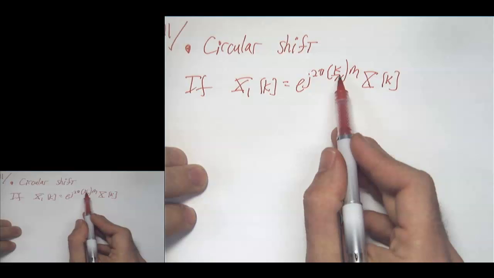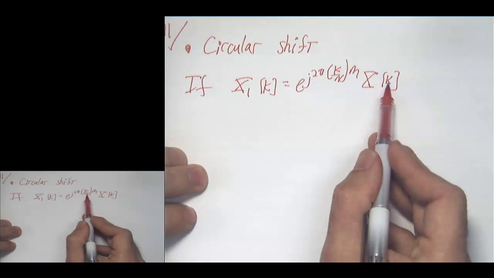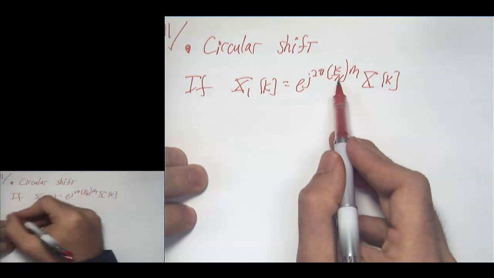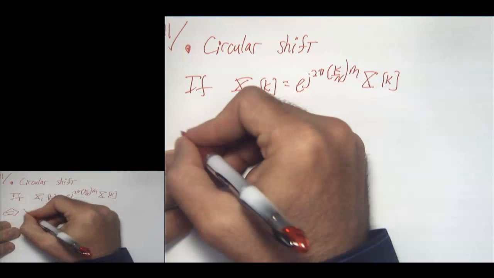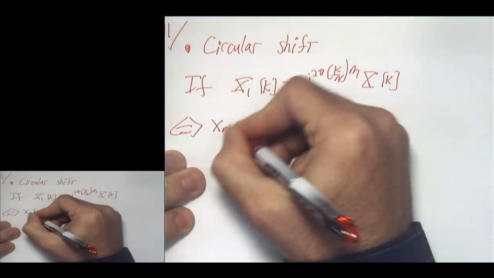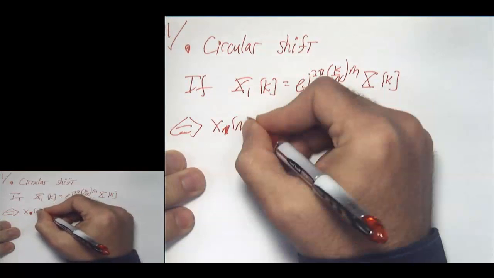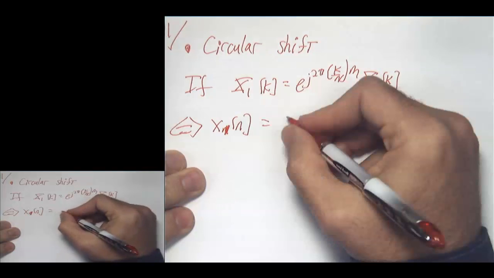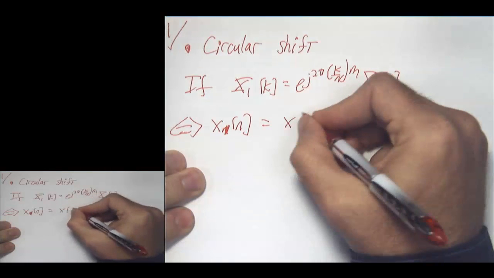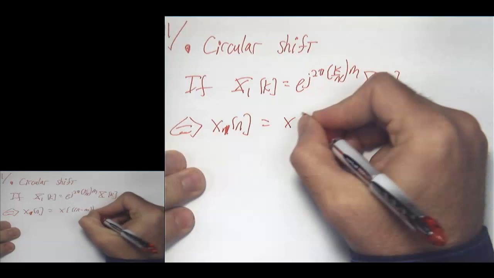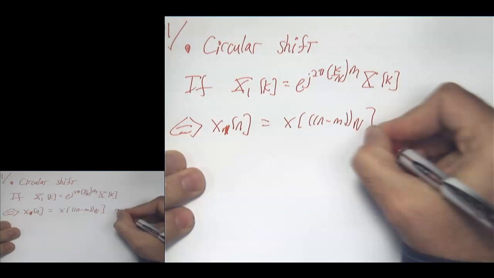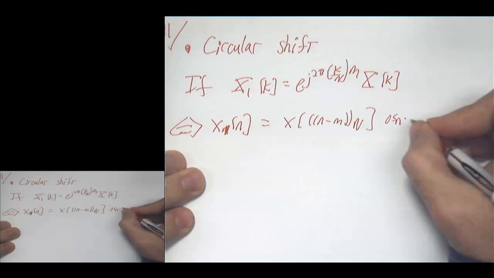We have the k here, the k here, and we have an N here. If you don't have an N here, this doesn't work. And then that gives us, in the time domain, x1 of n equal to x of n minus m, modulo N, for 0 less than or equal to n less than or equal to N minus 1.